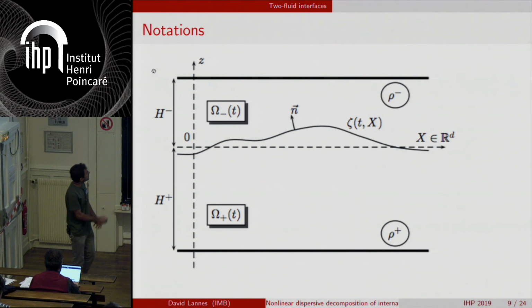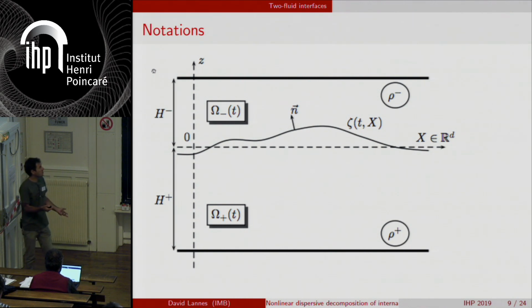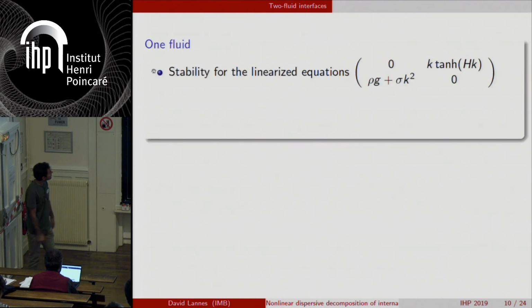So what is the difference when you do this? In principle, it's a bit the same because you just have one interface to describe, like in the water waves. Instead of having air with rho minus equal to 0, you have another fluid with rho minus, which is smaller than rho plus, but non-zero.